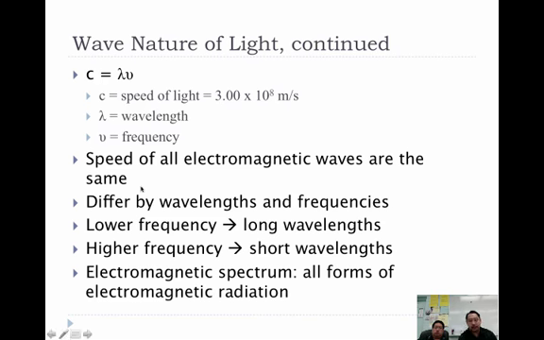When one goes up, the other one goes down. The lower the frequency, the longer the wavelength will be. So low frequency, long wavelength; high frequency, short wavelength. And this is because when you multiply the two together, you get the same speed of light for all EM waves.